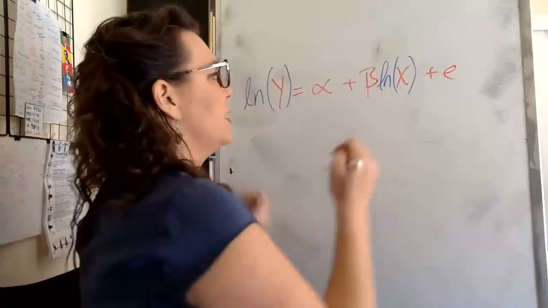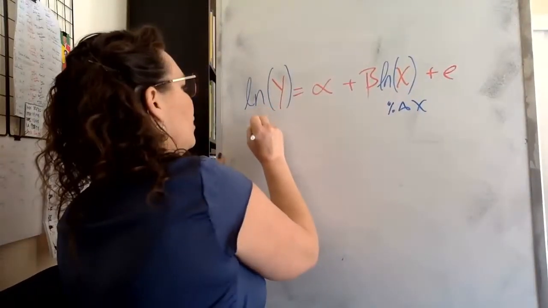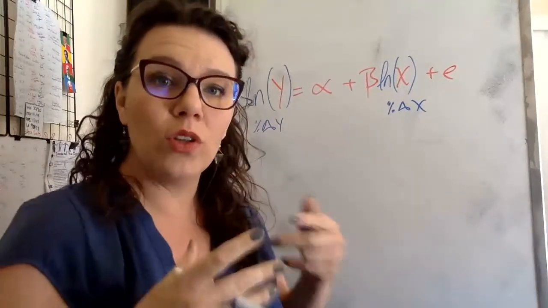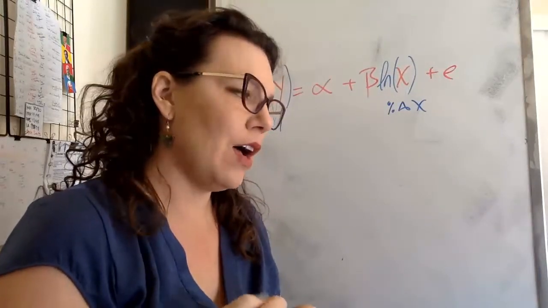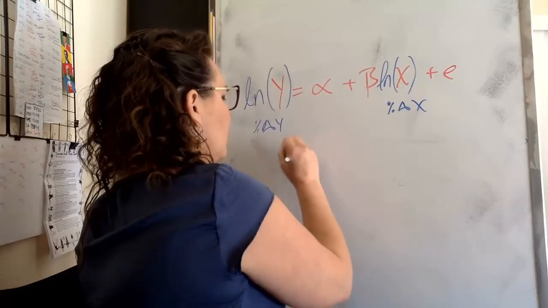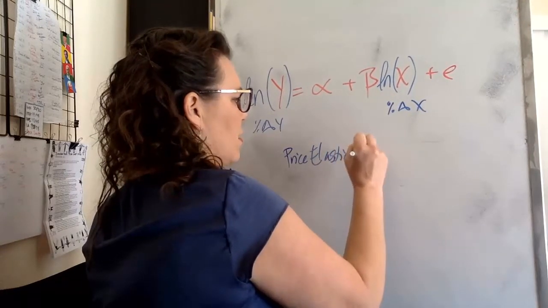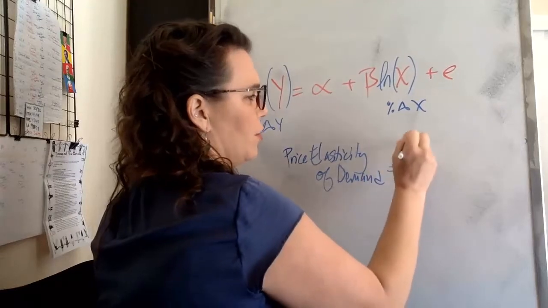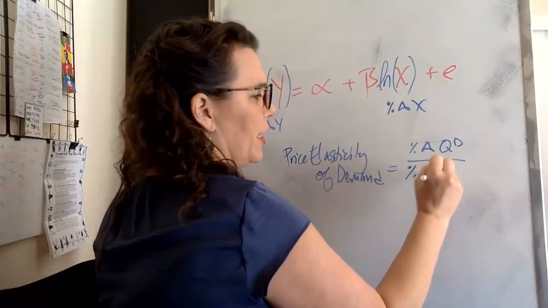But what that does is it means that now we're looking at the percent change in x and the percent change in y. And when we're looking at an elasticity, we're looking at the effect of a percent change in one variable on another. So for example, if we wanted to look at the price elasticity of demand, what we are looking at is the percent change in quantity demanded divided by the percent change in price.